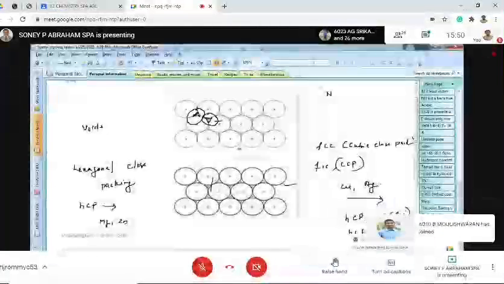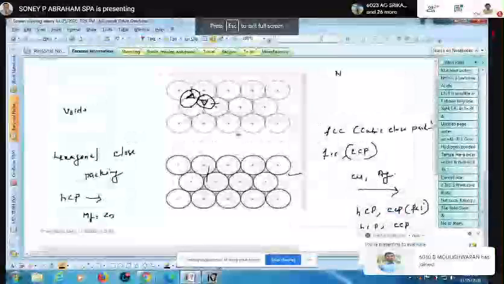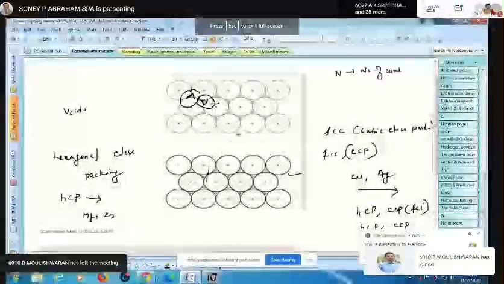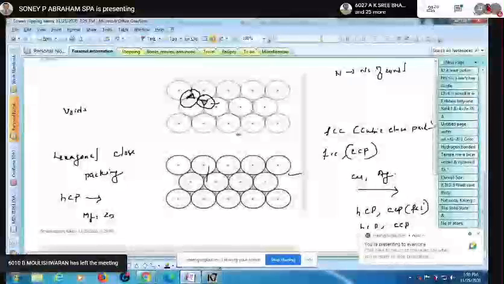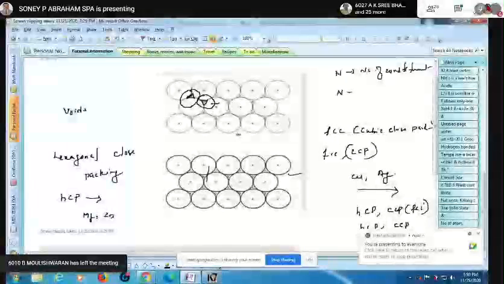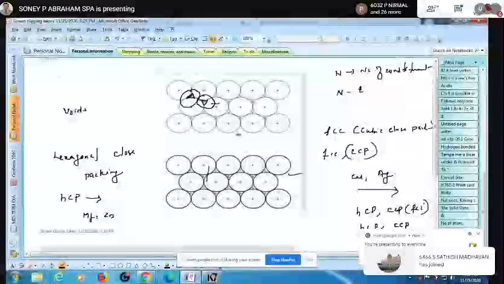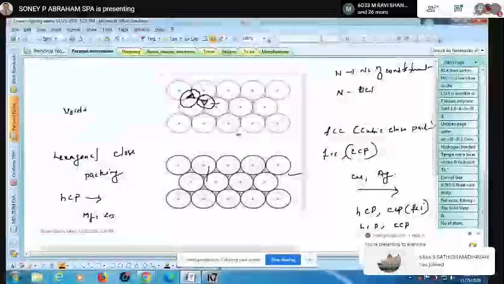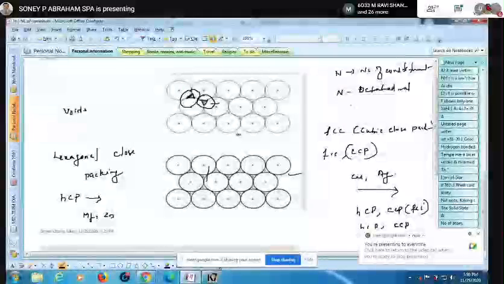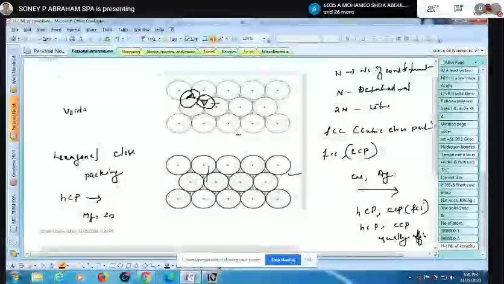If you have n number of particles, atoms or molecules or ions, then you will have n number of octahedral voids and 2n number of tetrahedral voids.